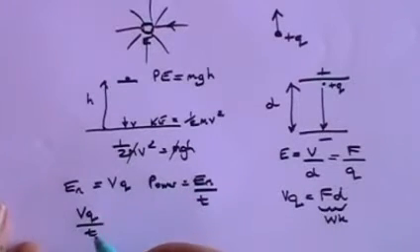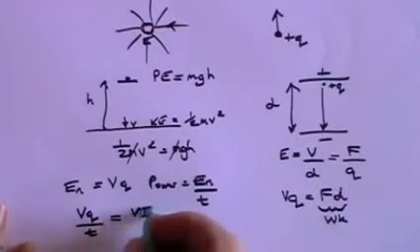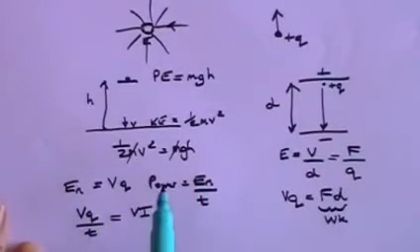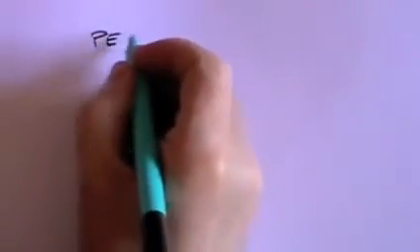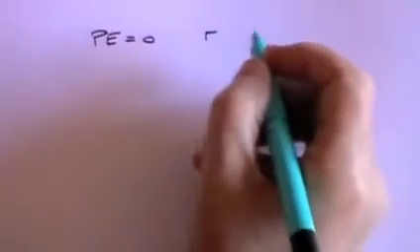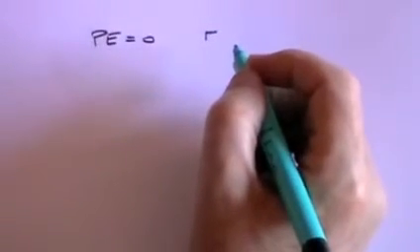The amount of charge moved in a particular time is current. And that equals VI. And that's why the power in an electric circuit is equal to the voltage times the current.